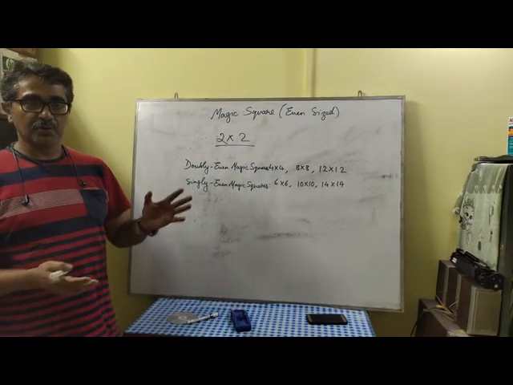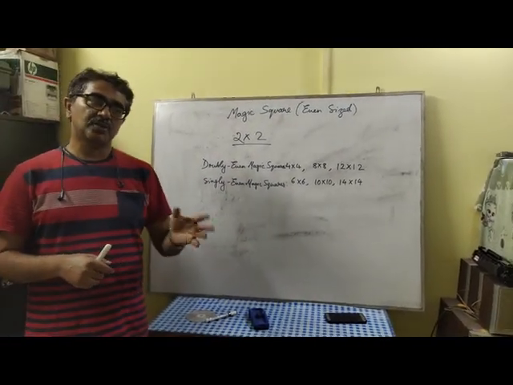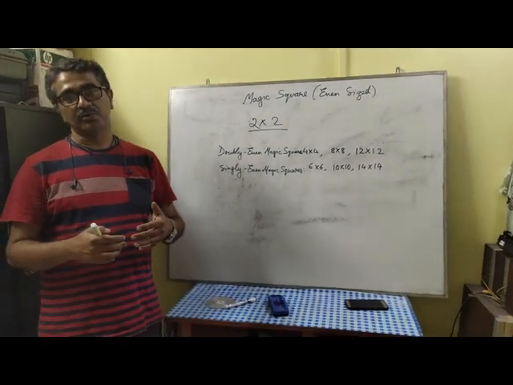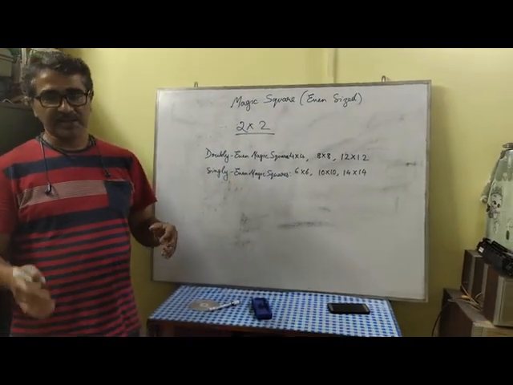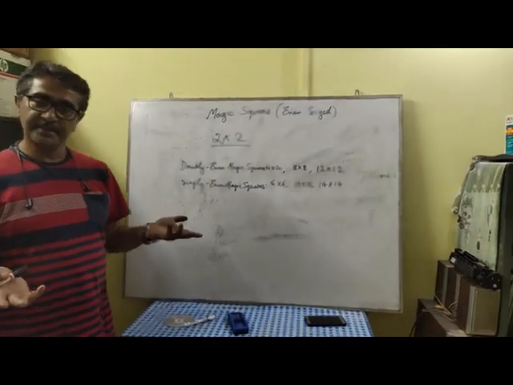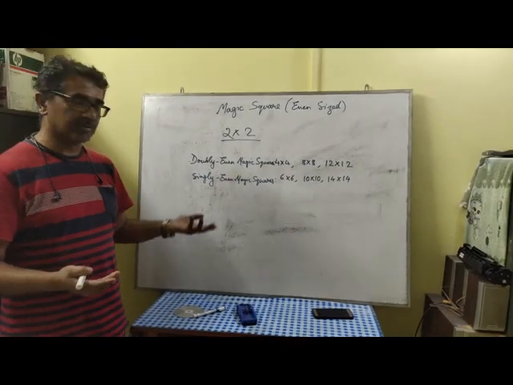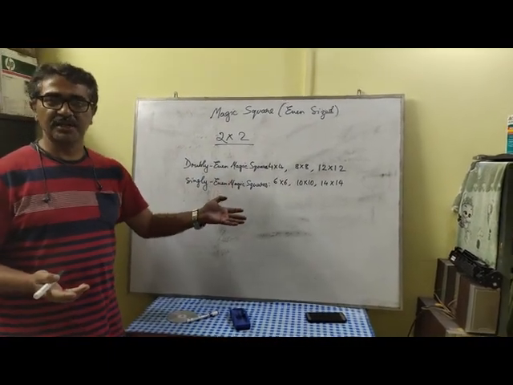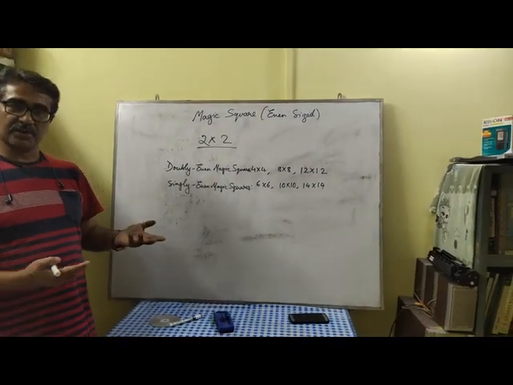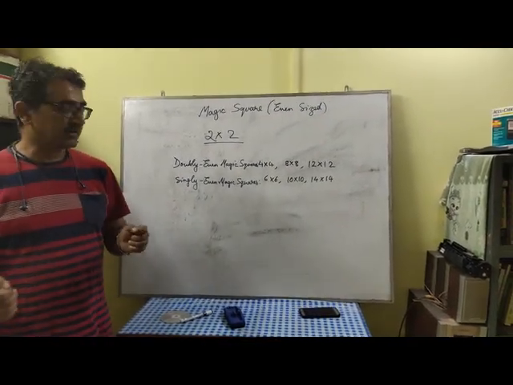The program source code can be found in my blog, so you can download the source code, or you can write it yourself after understanding the logic. The link is given below.